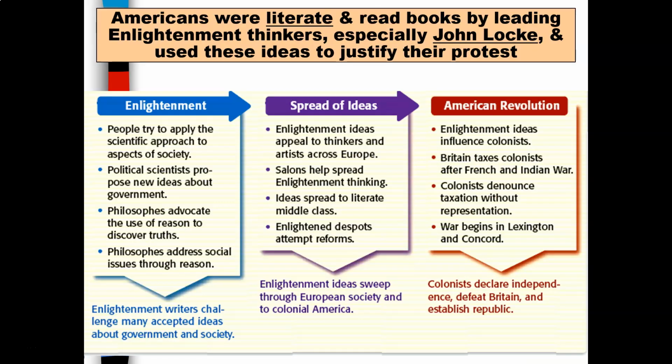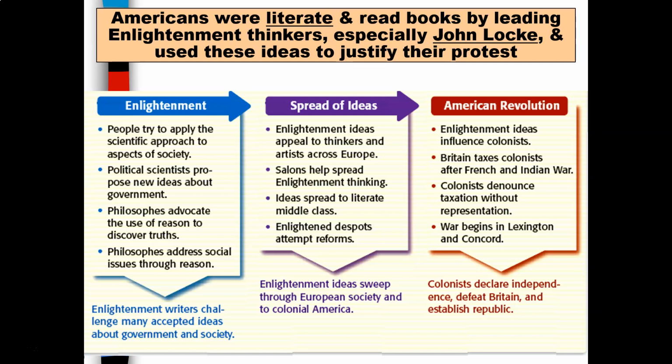Now, Americans were literate and read books about leading Enlightenment thinkers, especially John Locke, and used these ideas to justify their protest. Here we have basically how the Enlightenment played a significant role on the American Declaration of Independence.